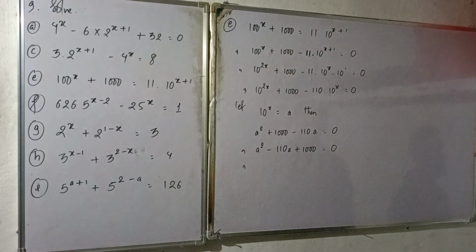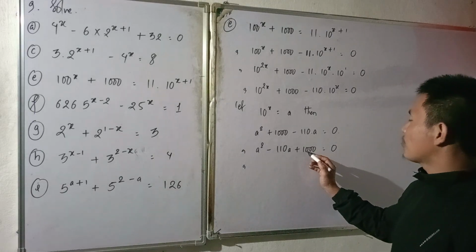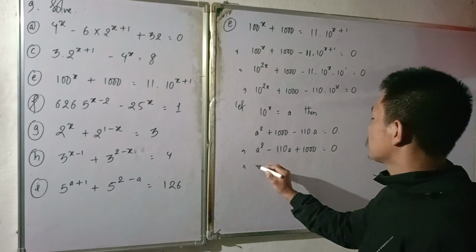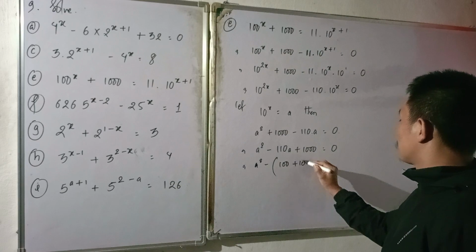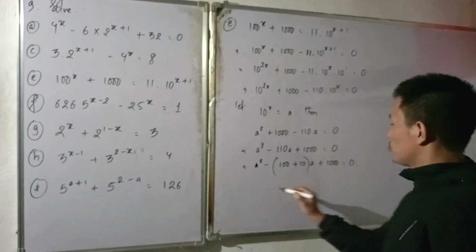Now in this case, you have to choose such numbers that 100 times 10 will be 1000, and 100 plus 10 will be 110. Okay, 100 plus 10 a, here is 1000 equals to 0.